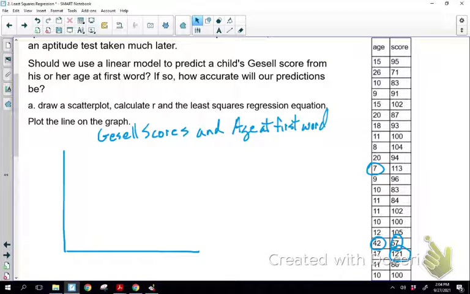So maybe if we start at 5, and these are ages in months, and go by 5s up to 40 or 45, doesn't matter.